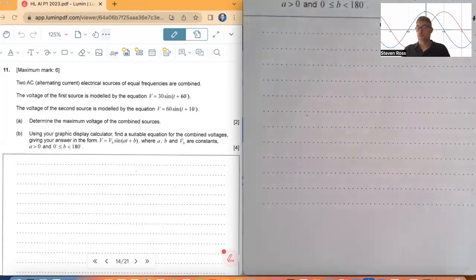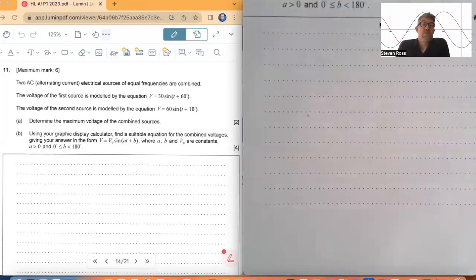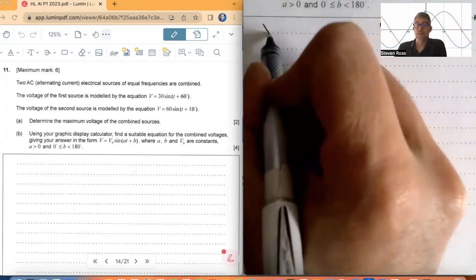Okay, so what I'm going to do is just combine these two voltage equations together.